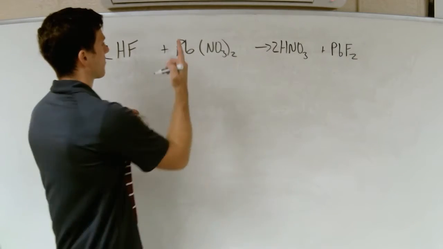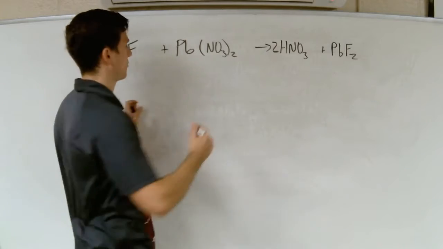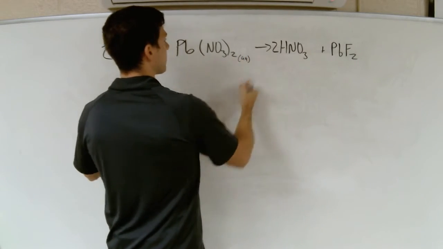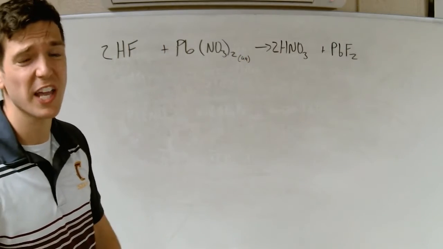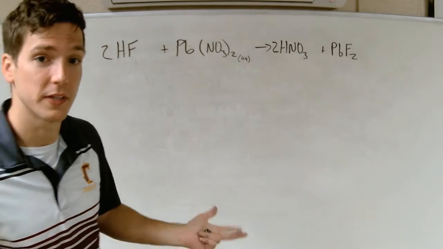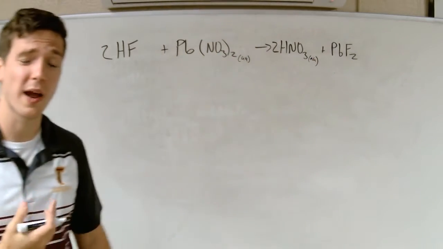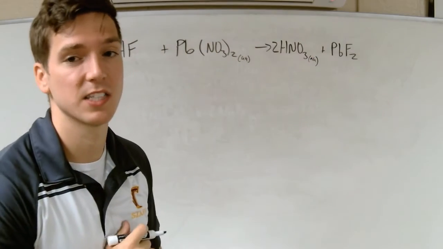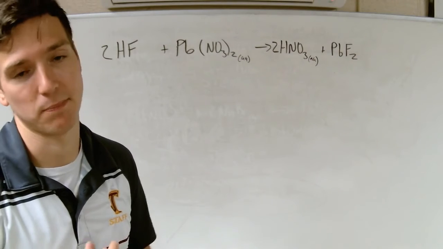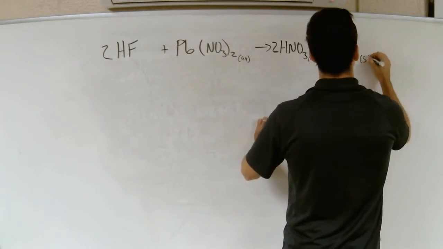Pb(NO3)2 has NO3, so it's aqueous. HNO3 is a strong acid and has NO3 in it, so it definitely is aqueous. Lead fluoride, is that aqueous? No, it doesn't have NaCNO in it, and it doesn't have a strong acid or strong base, so it's a solid.